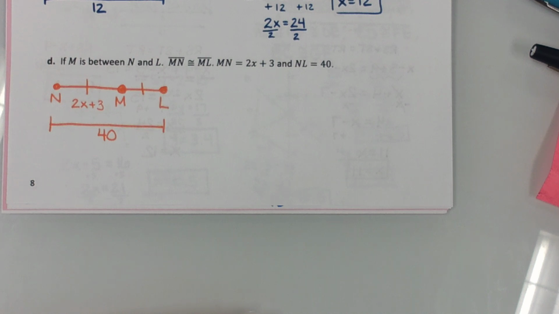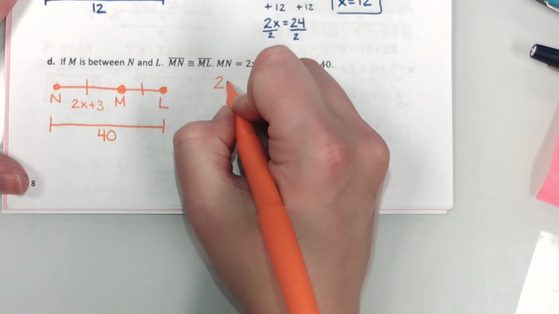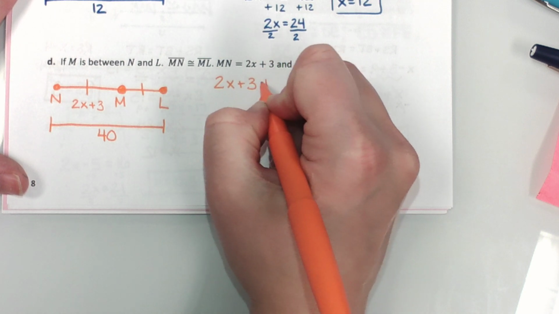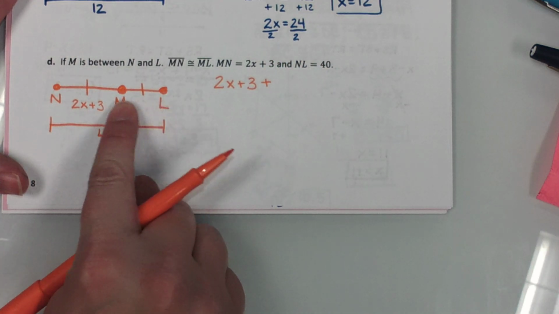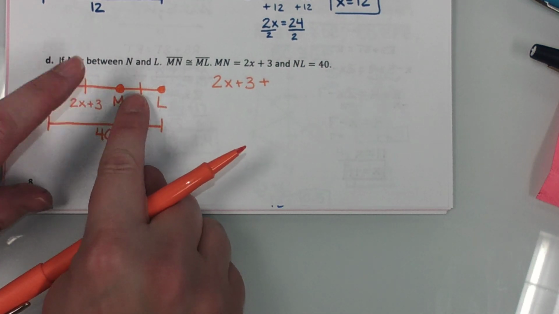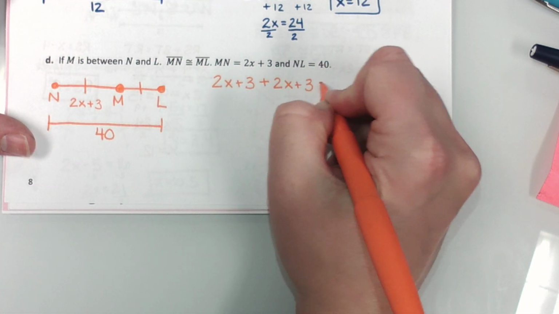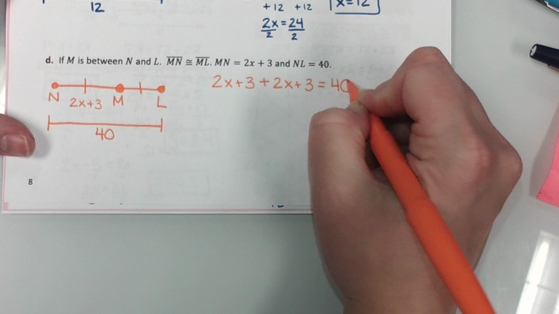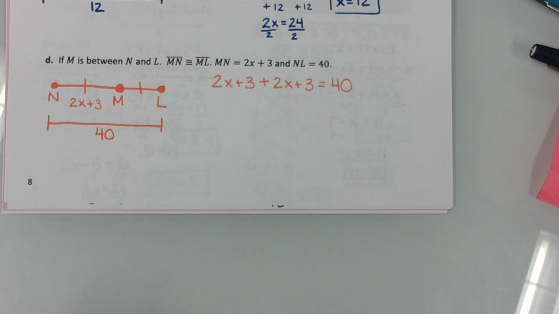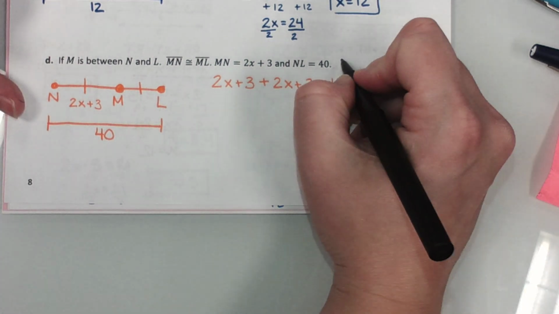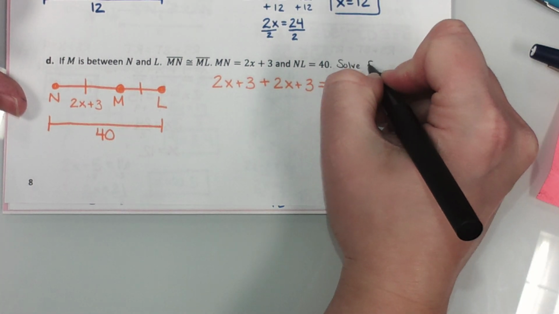The left part is 2x plus 3. Plus, well, what's the right part? 2x plus 3. These are congruent, meaning they are the same. It adds up to the full thing. What are we solving for? Oh, it doesn't say what to solve for. My bad. Solve for x.